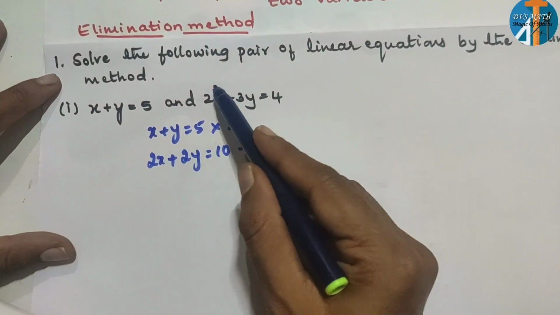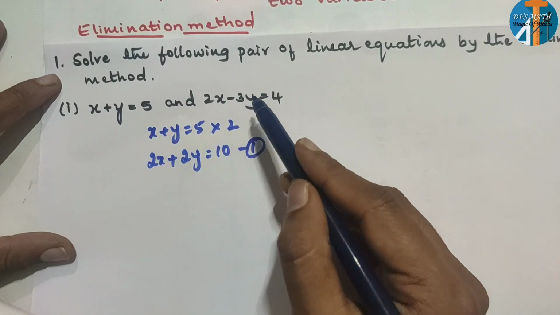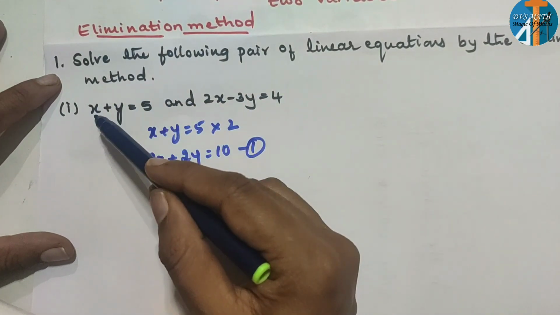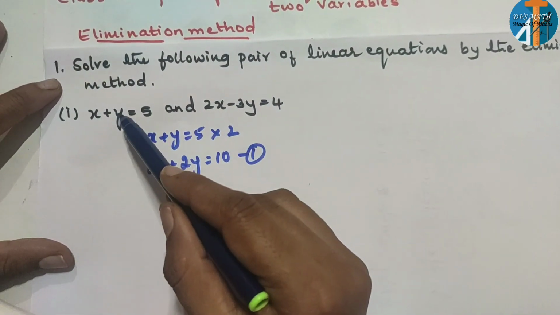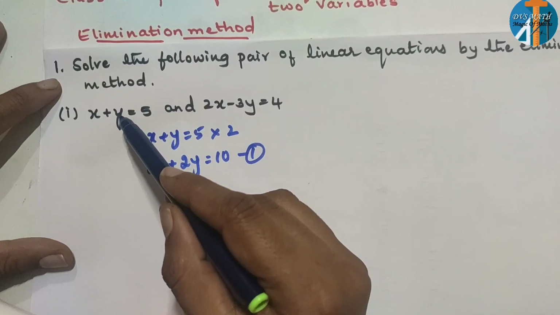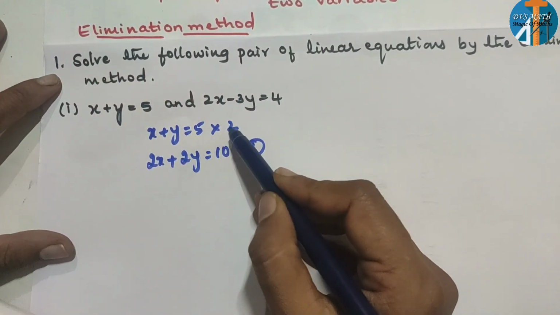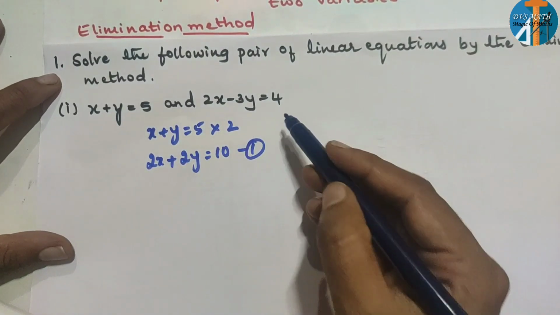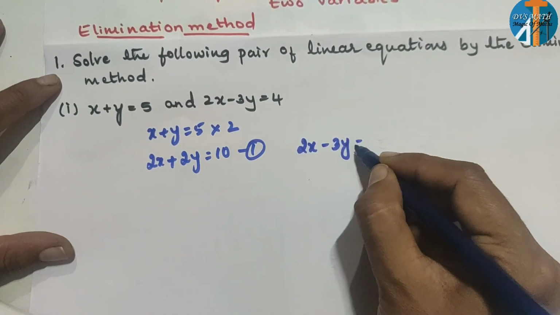To make the x variable similar, I am concentrating only on x, because here you have x, and if you multiply by 2 it becomes 2x. Or, if you make y similar, you have to multiply by minus 3. Instead of doing that, I am multiplying equation 1 by 2. So 2 into x is 2x, 2 into y is 2y, 2 into 5 is 10. And the second equation is 2x minus 3y is equal to 4.